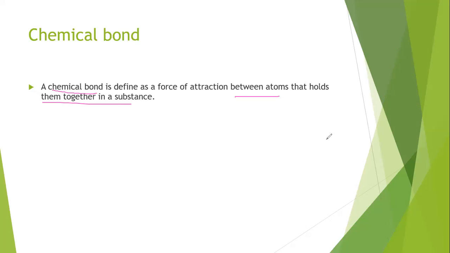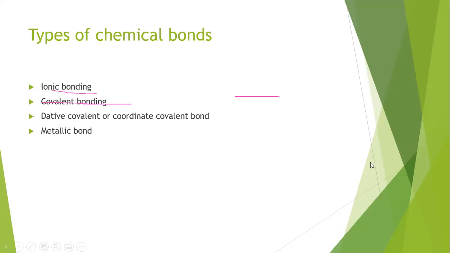There are different types of chemical bonds: ionic bond, covalent bond, dative covalent or coordinate covalent bond, metallic bond. Ionic bond is formed by the gain or loss of electrons. Covalent bond is formed by the sharing of electrons. Dative covalent or coordinate covalent bond is formed by the donation of one pair of electrons from one bonded atom.